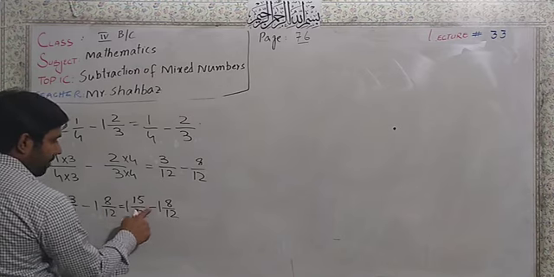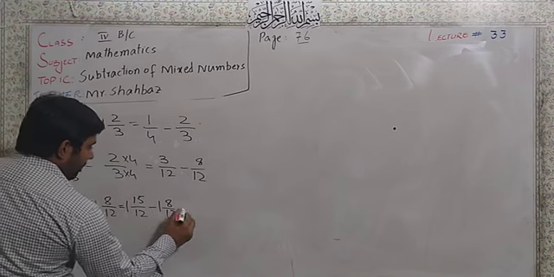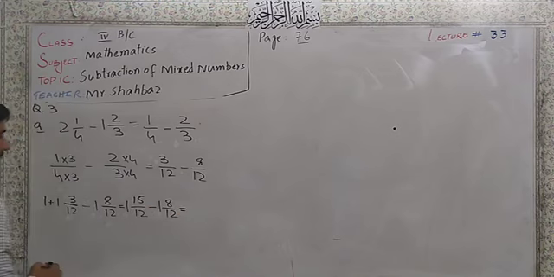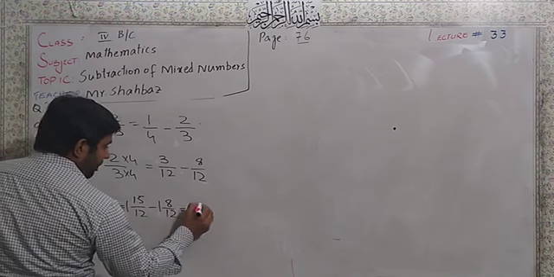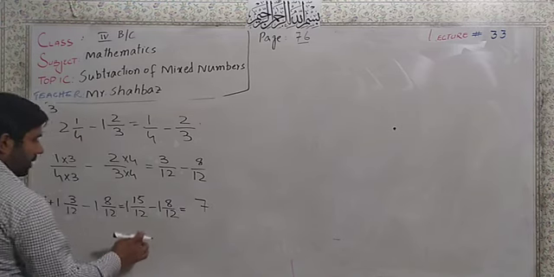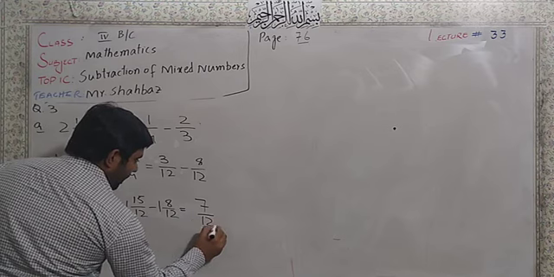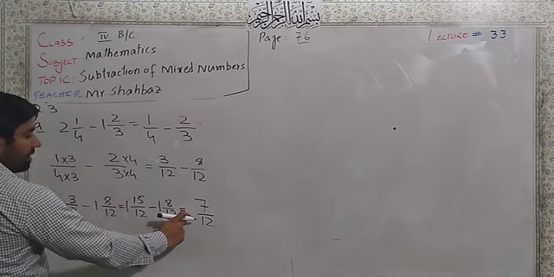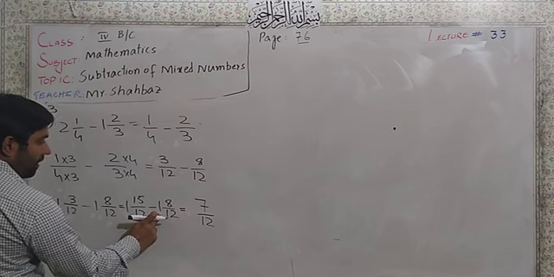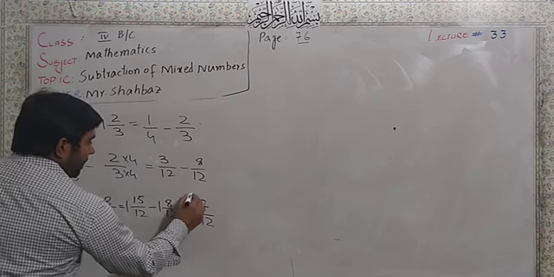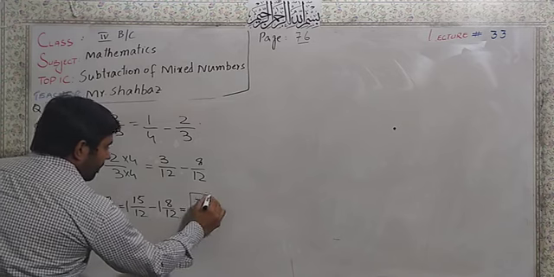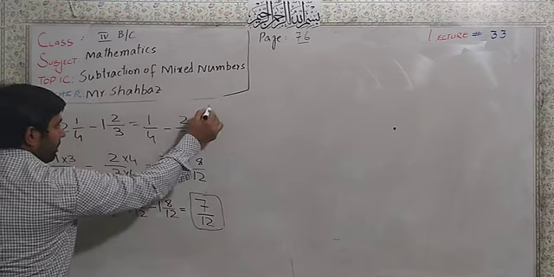Another, 15 minus 8 will be 7, and this is, we will not write any number because 1 minus 1 is 0, whole number is 0, and this is our answer.